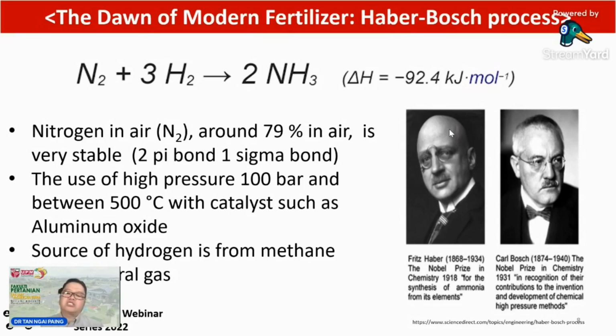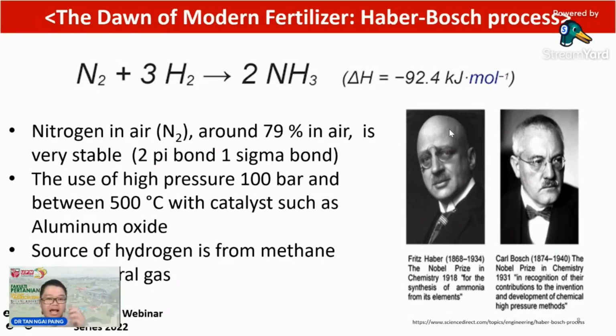Of course, scientists like Fritz Haber, using the principle of Le Chatelier, finally figured out how to make ammonia. NH3 is ammonia, and ammonia is one of the key components of the modern nitrogen fertilizer that we have.